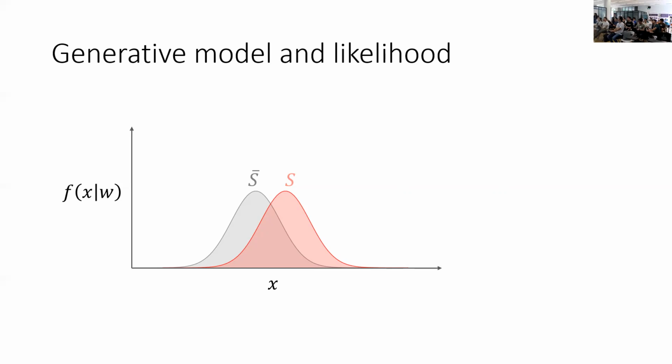Here we use f to denote the probability that, given a state of the world, which we denote by w, what's the probability or probability density of observing a specific x?